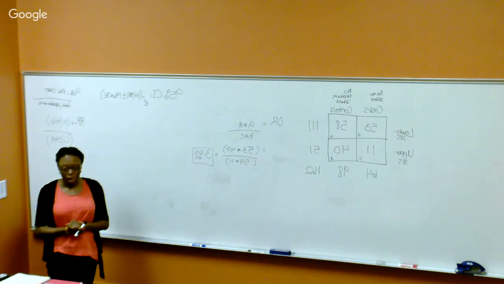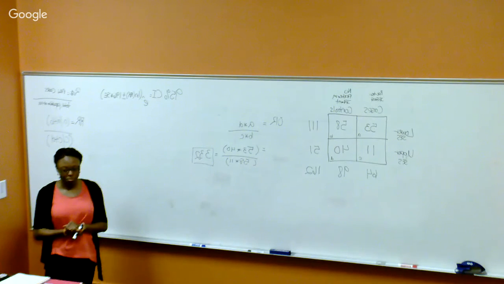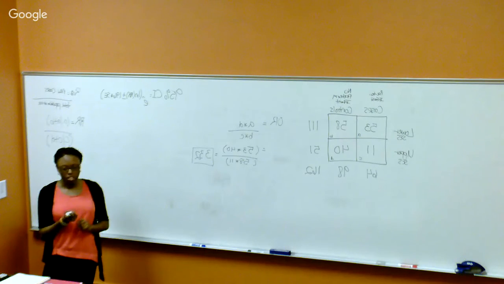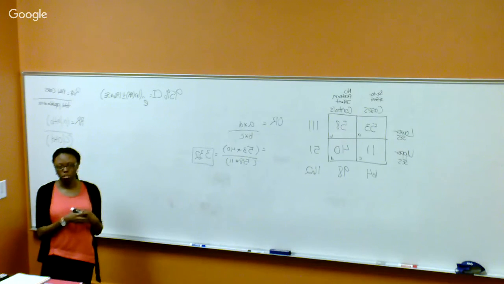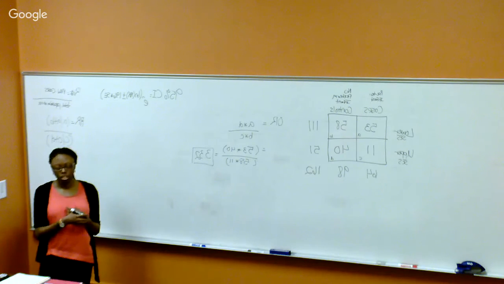Is it really the same as the one for relative risk, where you just replace the RR with the OR? Yes, you do that, and then there's one other thing that's different. The standard error formula is different for an odds ratio compared to relative risk.